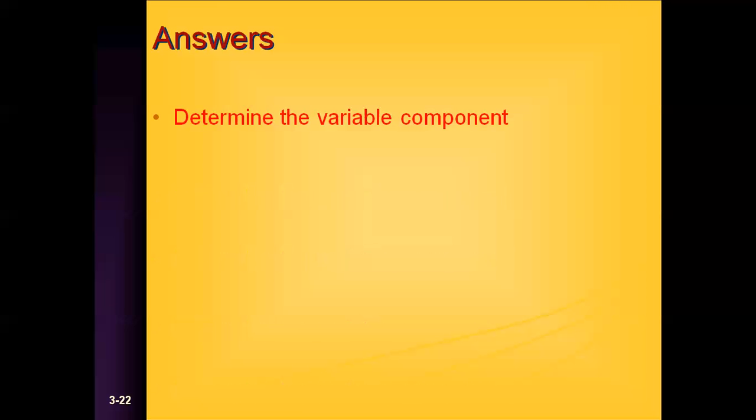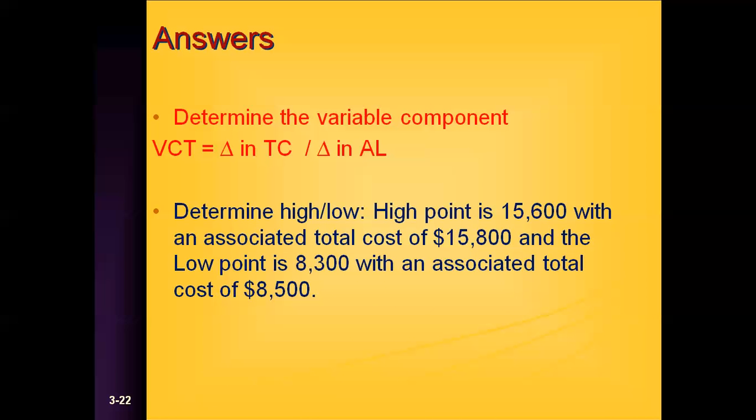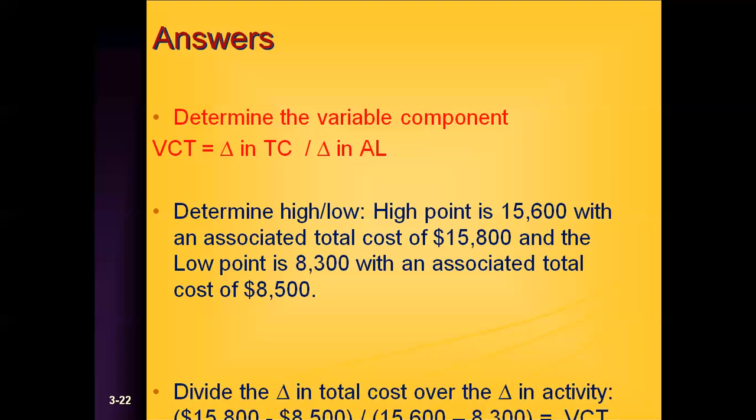So in doing the math, we would again apply the formula. The variable component is the change in total cost over the change in activity level. So as we determined, our high point was 15,600 units, and that had a total cost associated with it of $15,800. And the low point was 8,300 units and an associated total cost of $8,500.